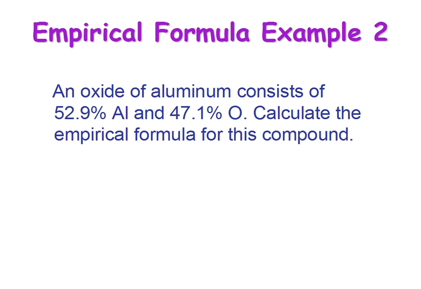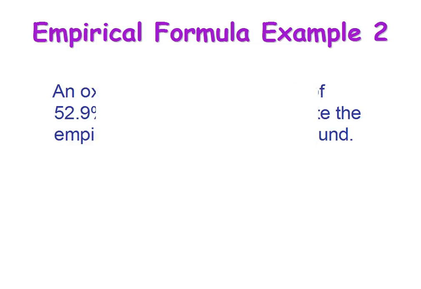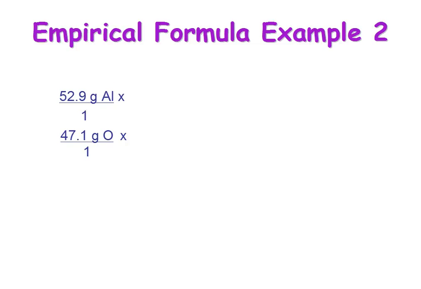Another example, and this one's going to involve a fraction, is 52.9% aluminum and 47.1% oxygen, and we want to calculate an empirical formula again. So step 1 is to turn those percents into grams. To make 52.9% aluminum, 52.9 grams, and then the same for oxygen.